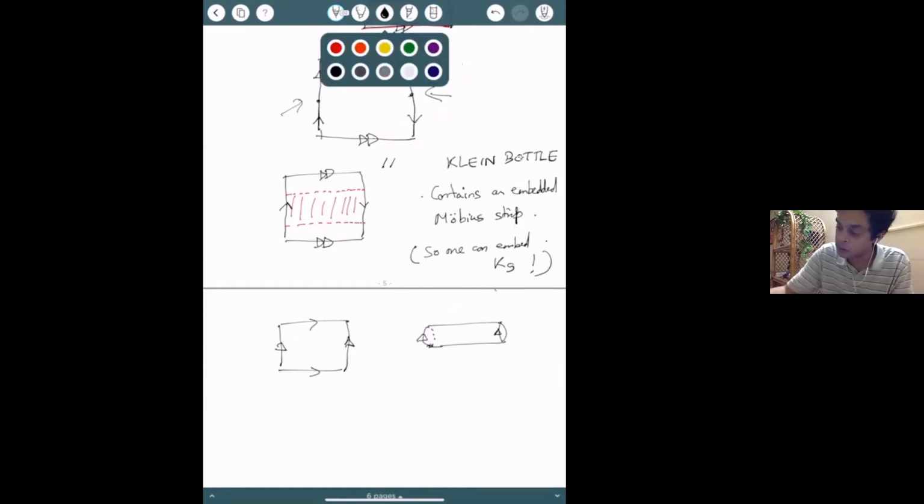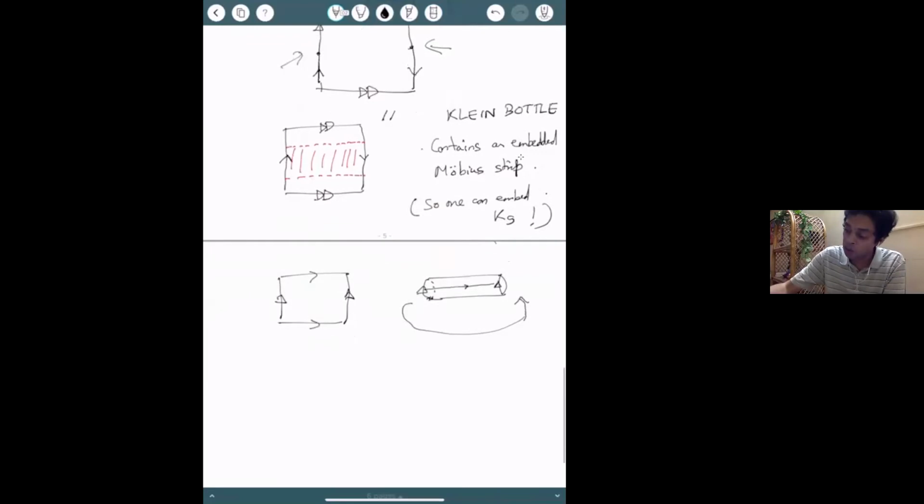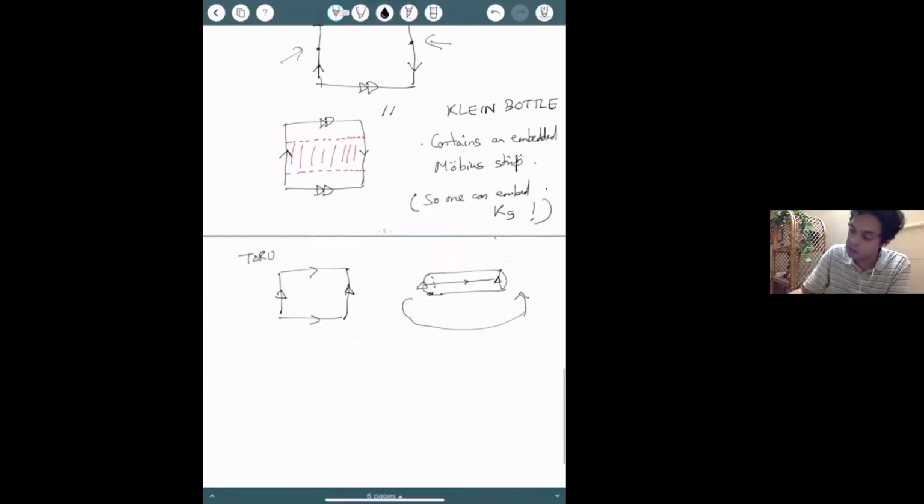So this is what happens when you glue the top side to the bottom side, and then when you glue this side to this side to make the arrows match, you get a torus, right? But now for a Klein bottle, the arrows are pointing in opposite directions compared to the torus. So this arrow would be this way and this arrow would be this way.